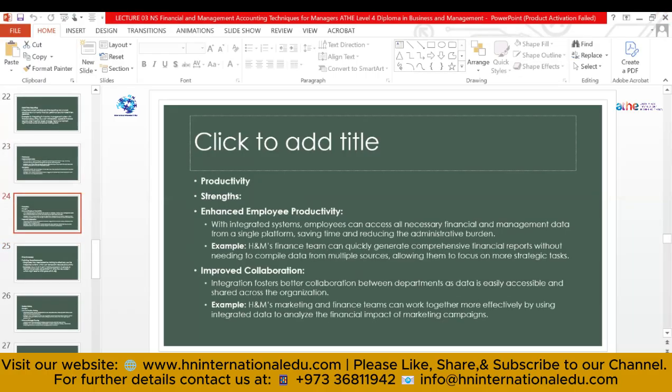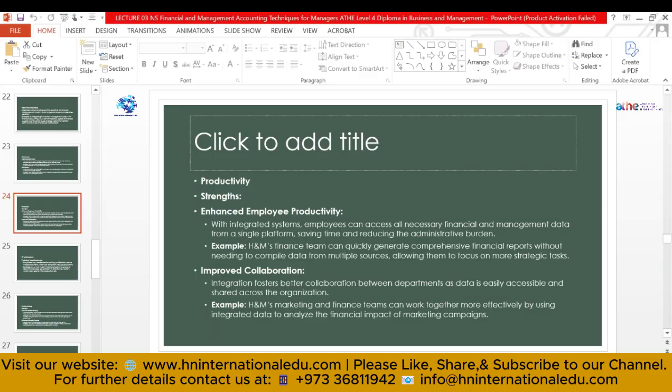Then comes the productivity. The plus point for the productivity, the first thing is strength, enhanced employee productivity. How do we do this? With integrated systems, employees can access all the necessary financial and management data from a single platform, saving time and reducing the administrative burden. How does it get easy for H&M? Because things are stored in a system at one place.